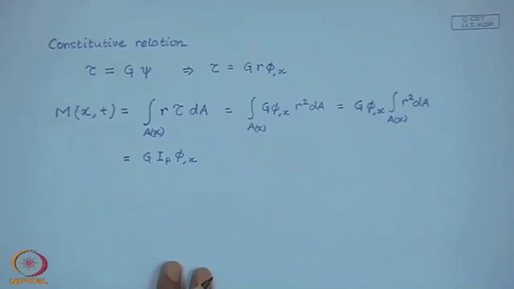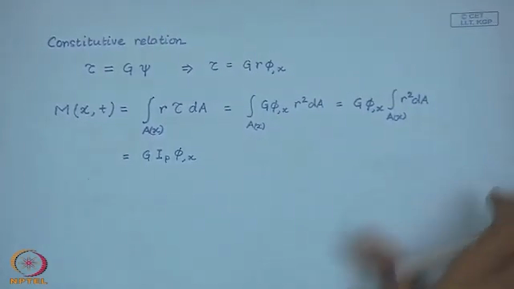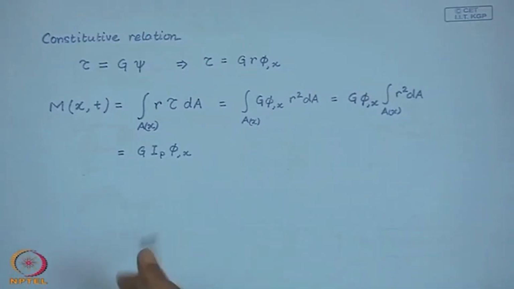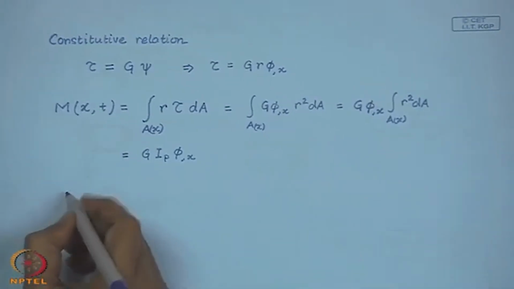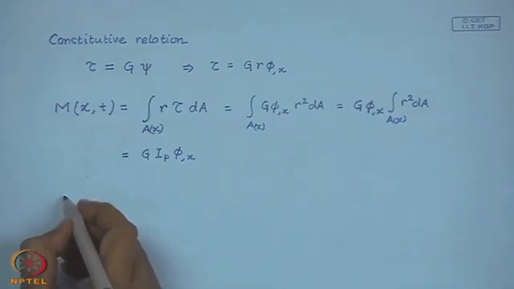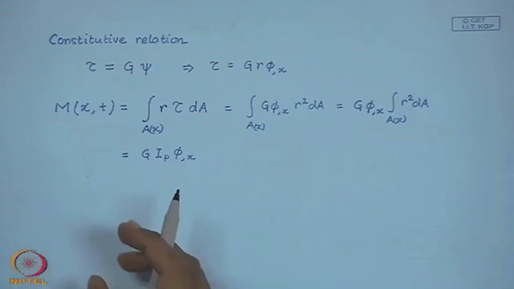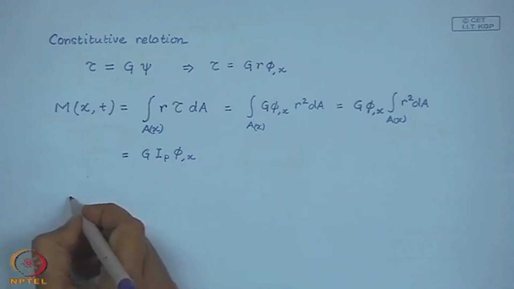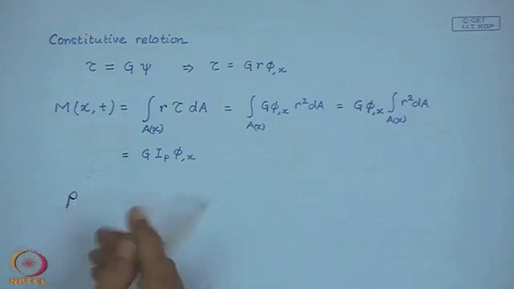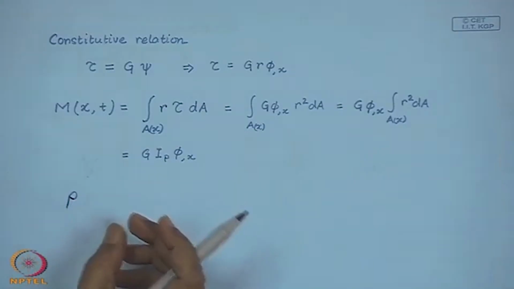Now, I can write down the equation of motion. So, first I will write the moment of inertia of this ring that we have considered. So, this moment of inertia of the ring is mass of the ring times the radius square.